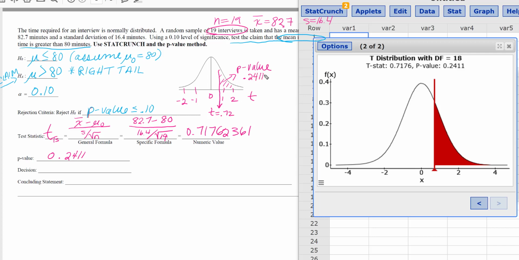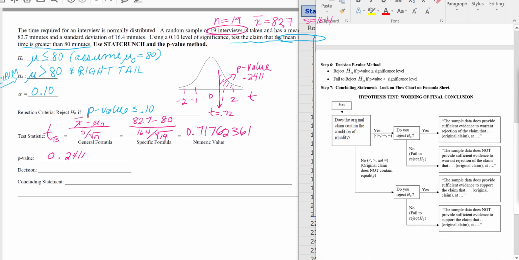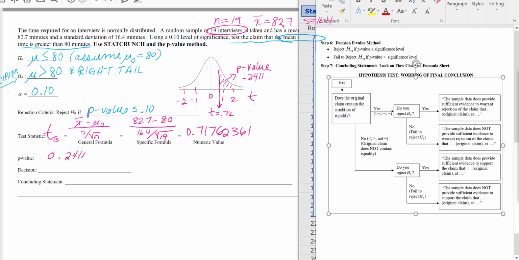Now to make our decision. Our decision, remember, according to our information sheet, is we reject the null hypothesis if the p-value is less than or equal to our significance level. So let's look at this more closely.